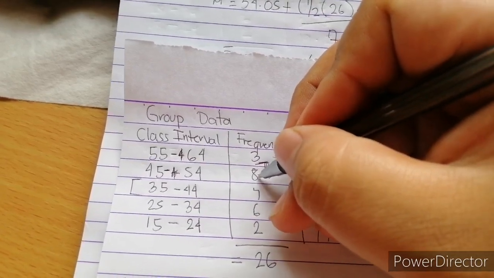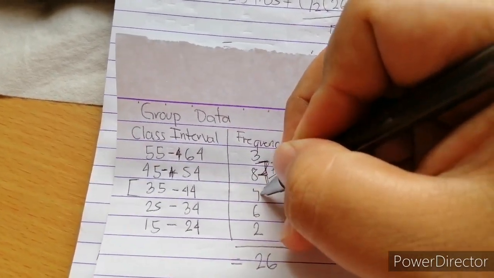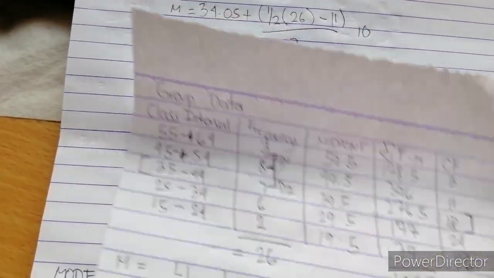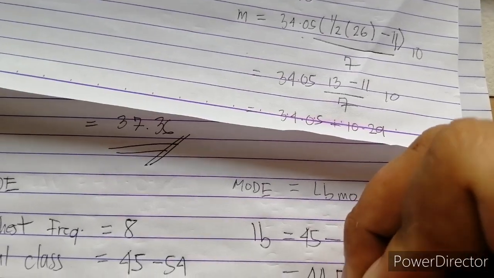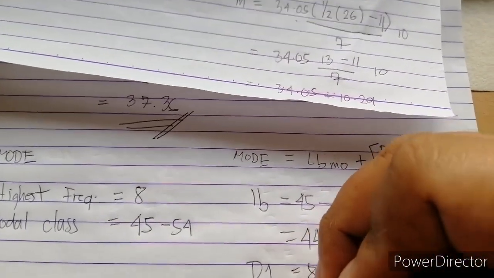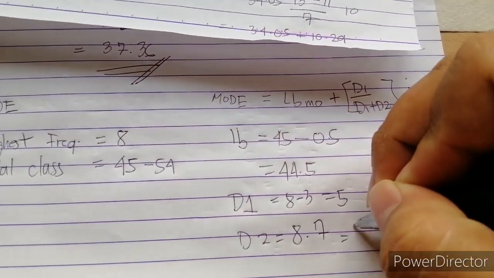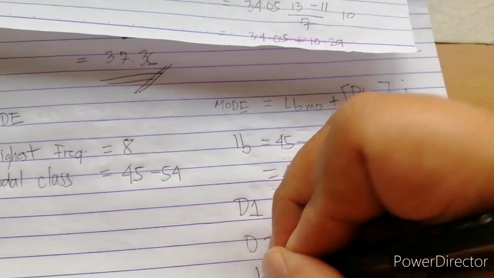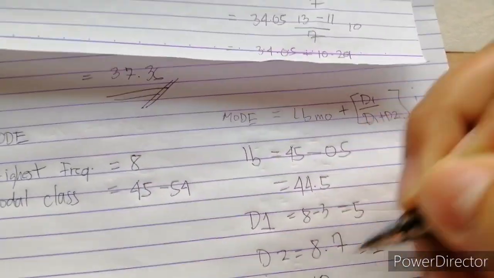And for D2, you subtract the frequency under the highest frequency. So D1 is 8 minus 3, that will be 5. D2 is 8 minus 7, that will be 1. And the interval is 10.